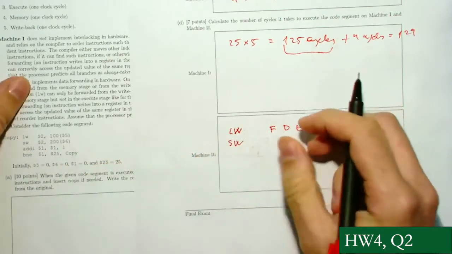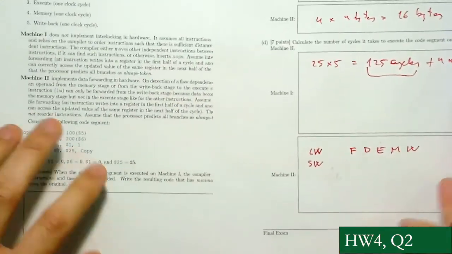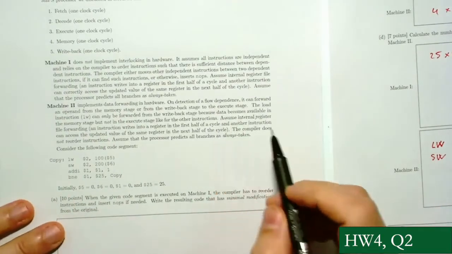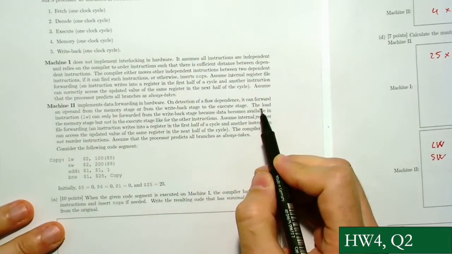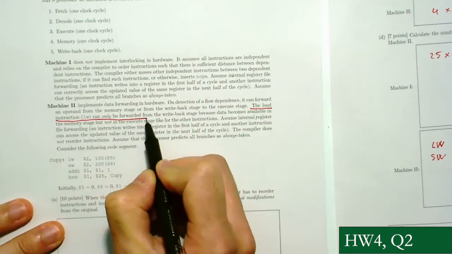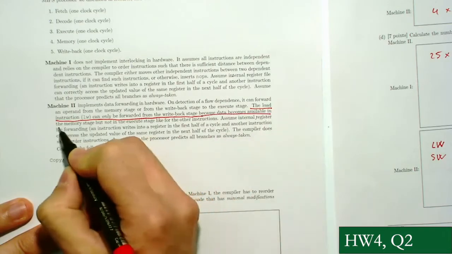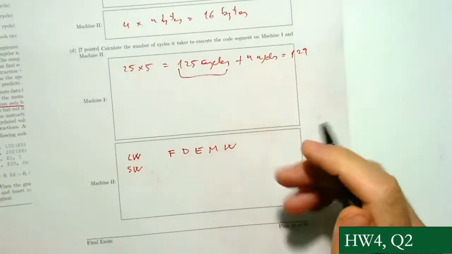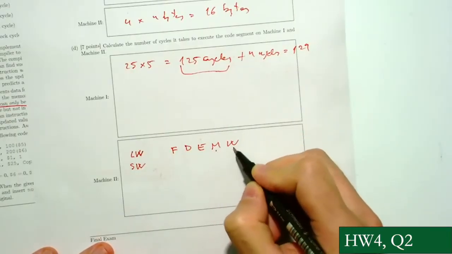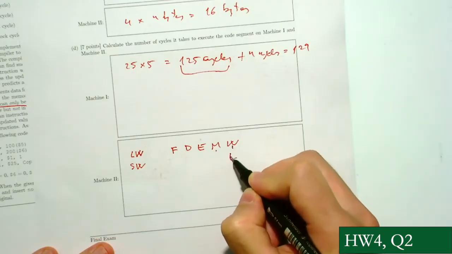So on the store, we see the definition of machine 2, that the load instruction can only be forwarded from the write back stage because the data becomes available in the memory stage. So the data becomes available here. So from here, we can forward this data to the execution stage.